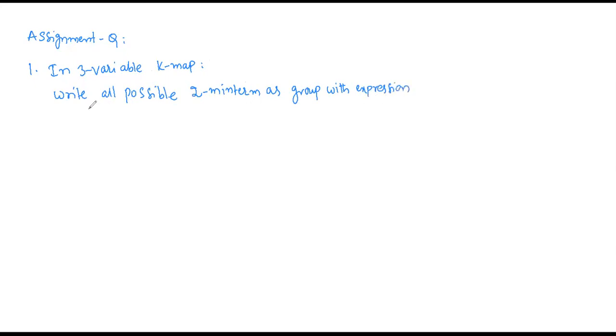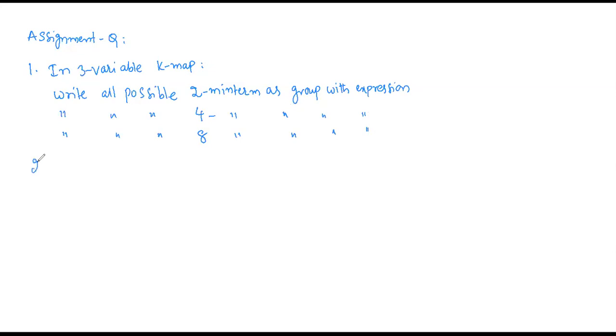Write down all possible two minterms as a group. Next, write all possible 4 minterms as a group with expression. Next, write all possible 8 minterms as a group with expression. Write all the possible groups.